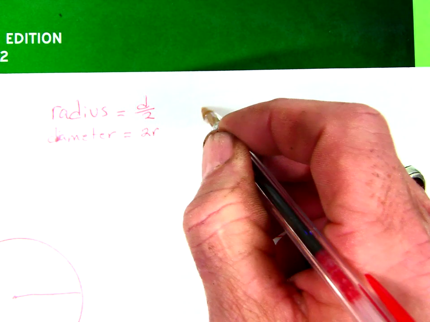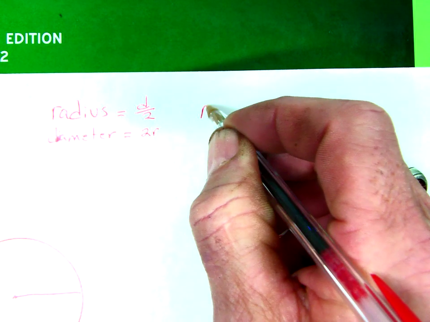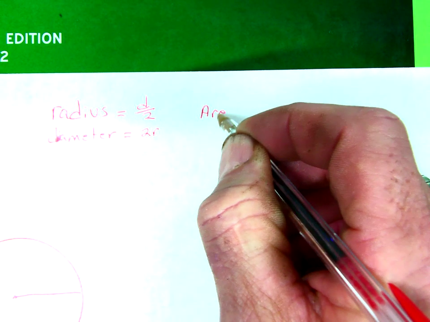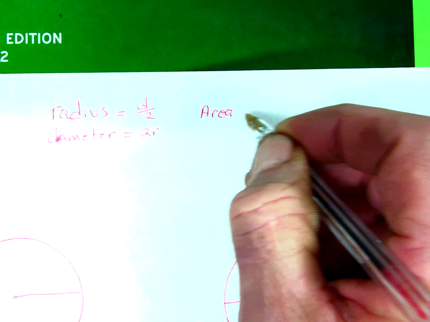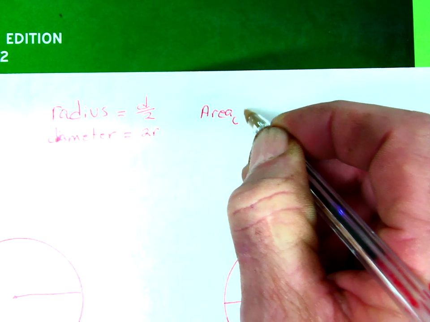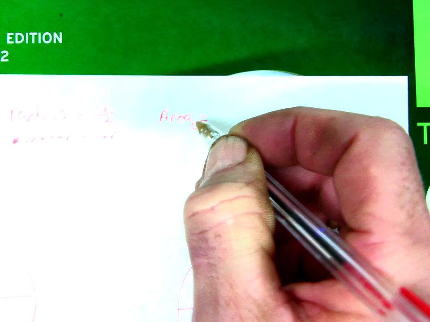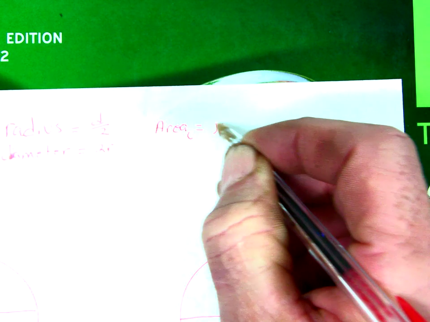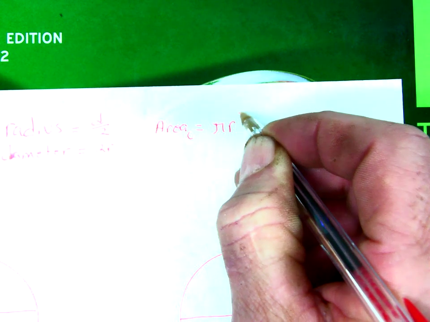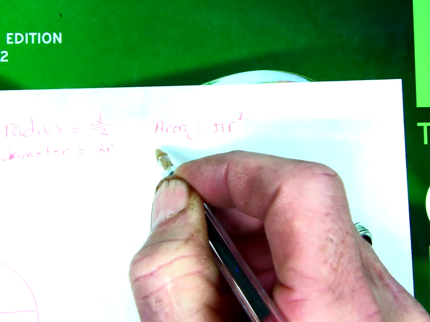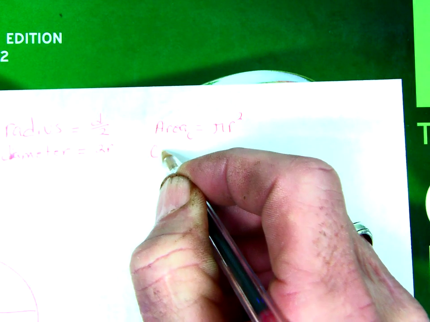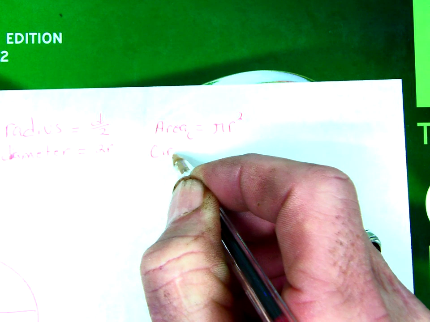There's 2 formulas in particular that you will use. One is area. The area of a circle is pi times radius squared. And then circumference, I'm just going to abbreviate it.